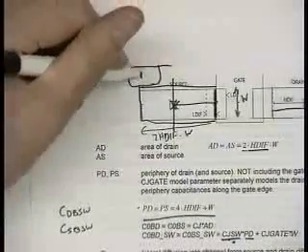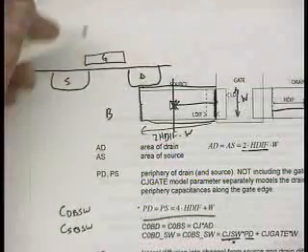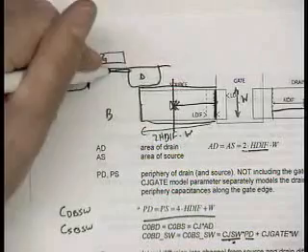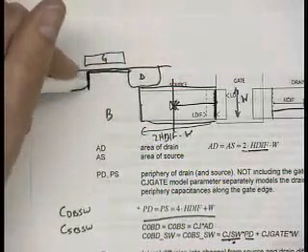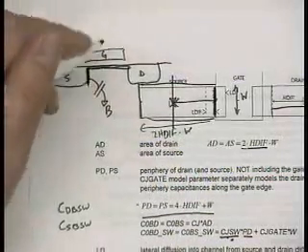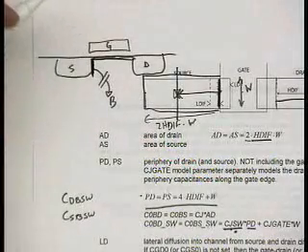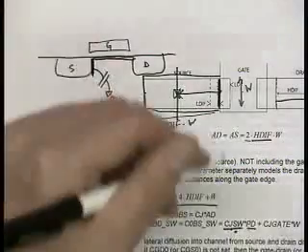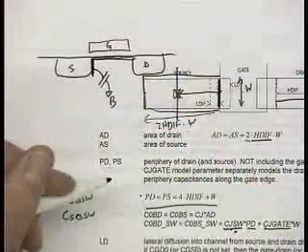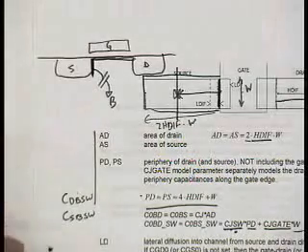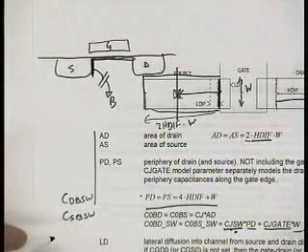Source, drain, gate, bulk. This portion here, there is a thin channel up at the top for conduction, but this portion here also has a cap. And that's called the gate sidewall capacitance. And that's just basically this parameter CJ gate, which is given, times W. Okay, so that's how you get the source bulk and drain bulk capacitance.